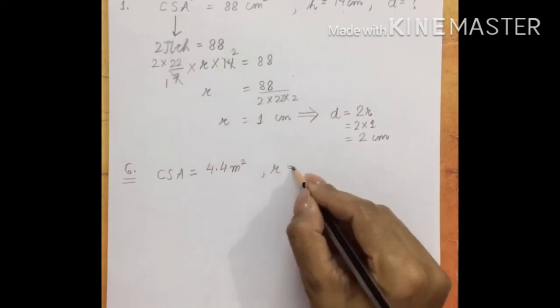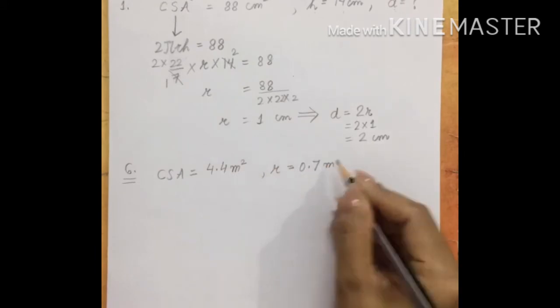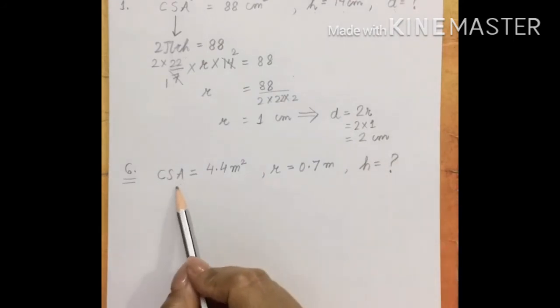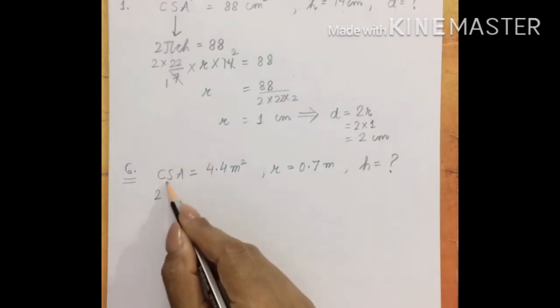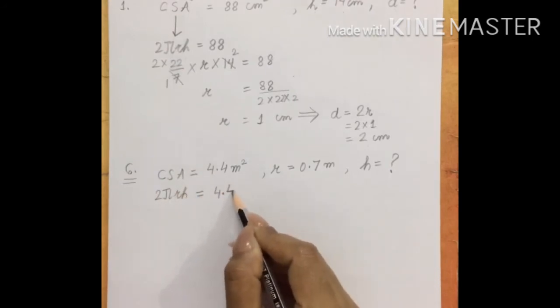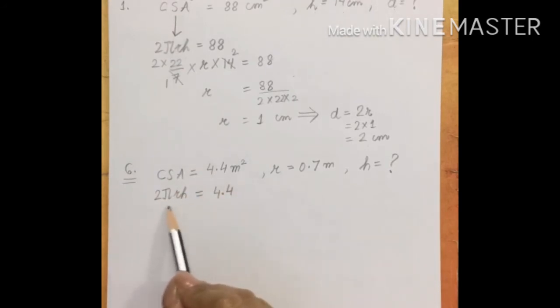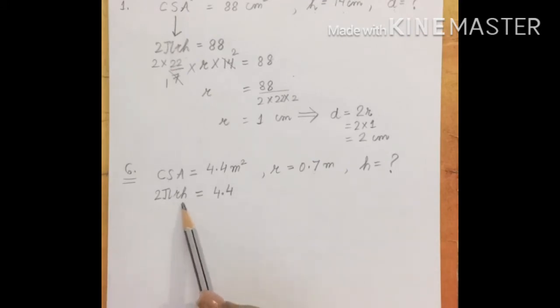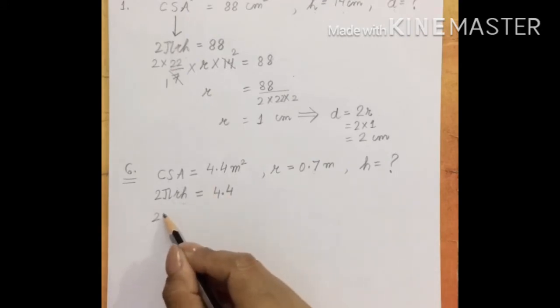The radius of the base is 0.7 meters, and we need to find out the height. So let us work with the curved surface area. Curved surface area is 2 pi r h. Its value is 4.4. Using the values provided, I need r and h. r is given, h is missing. We will substitute r by its value and leave h as such.